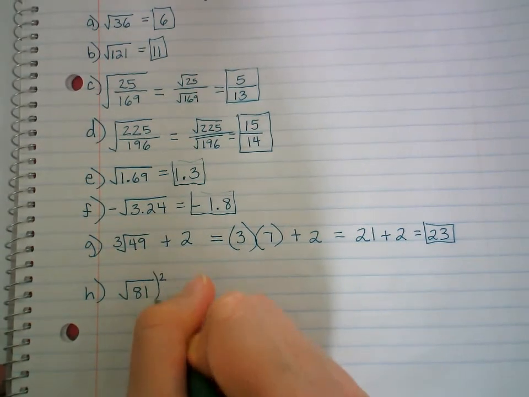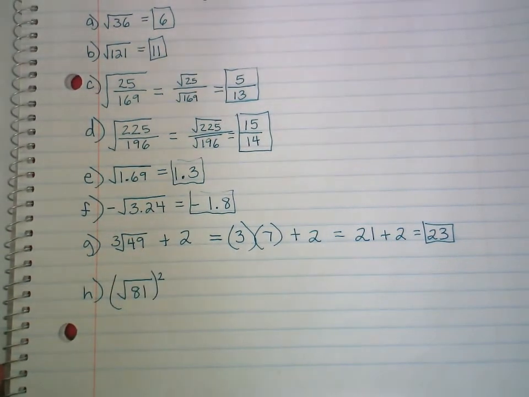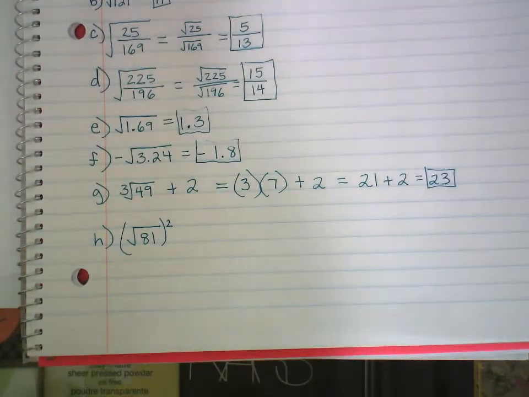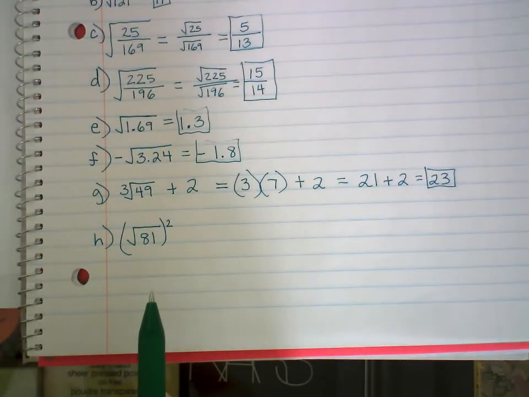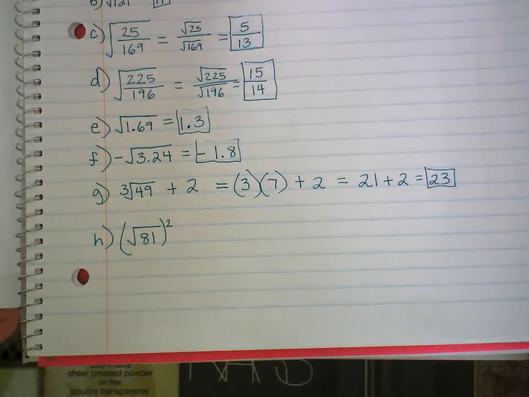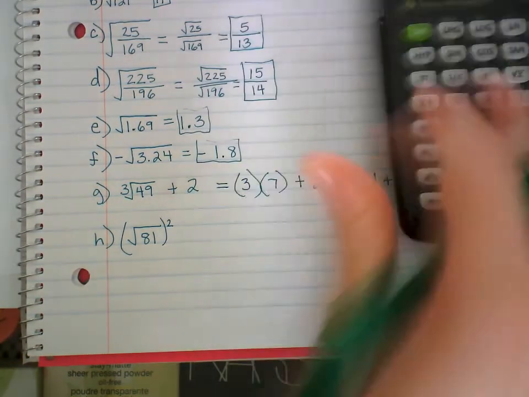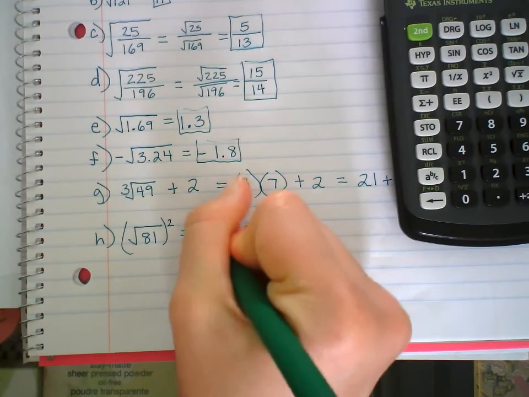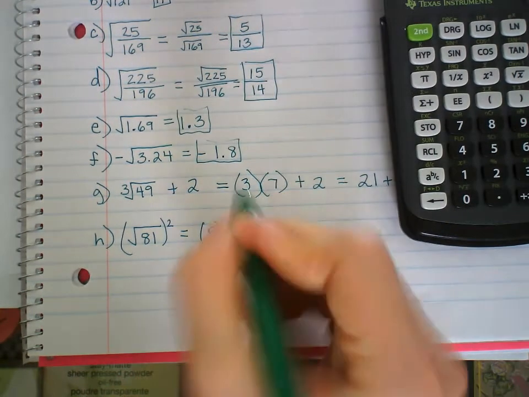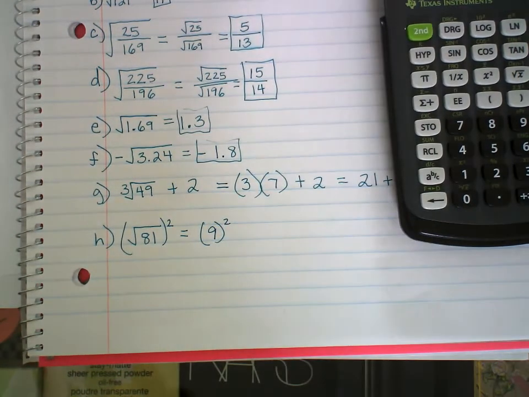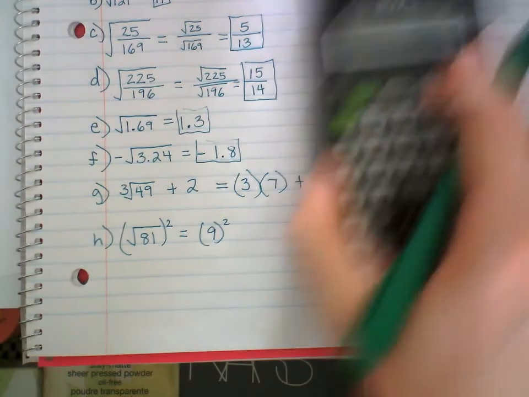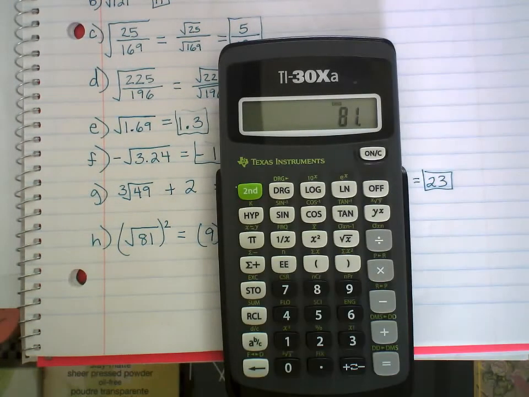So first, let's just do the square root of 81. Okay, what's the square root of 81? Well, 9 times 9 is 81. Okay, but we still have that exponent. We still have that squared. What's 9 squared? What's 9 times 9? 81.